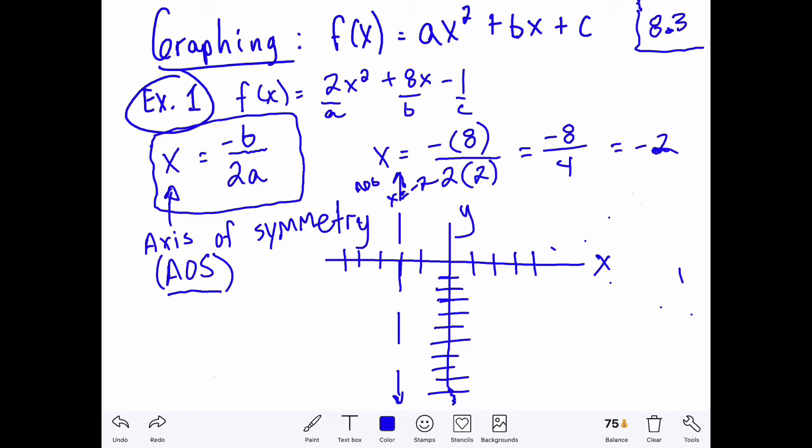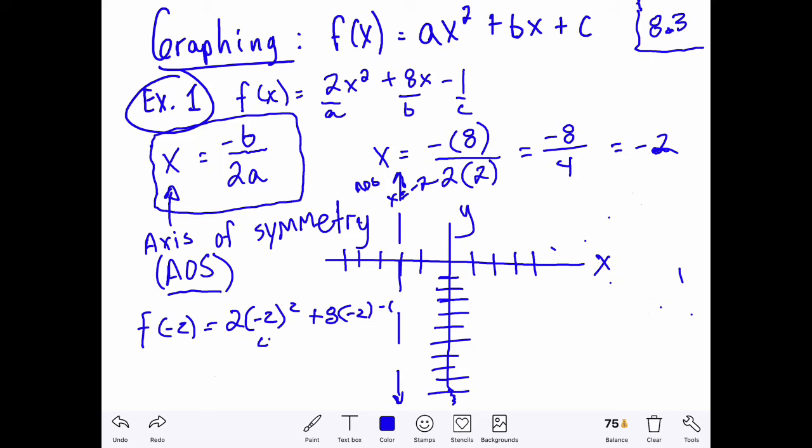Okay. So again, when we see these in the form ax squared plus bx plus c, we need to do x equals negative b over 2a. This is vitally important to begin. And that is essentially your axis of symmetry. Once we have that x value, then I can find the y value of the vertex. F of negative 2: 2 times negative 2 squared plus 8 times negative 2 minus 1.